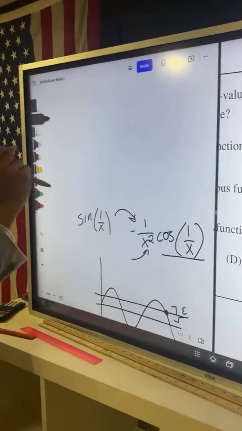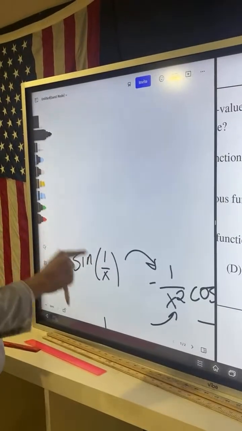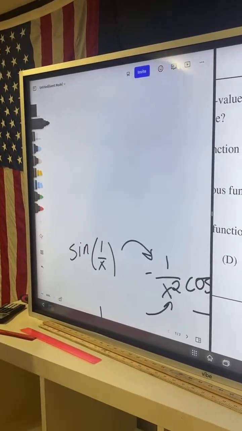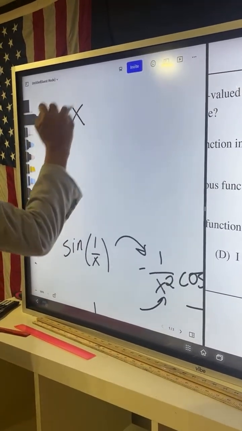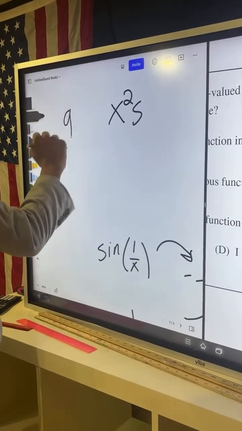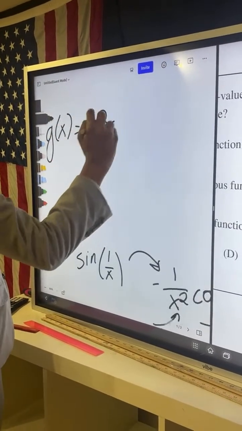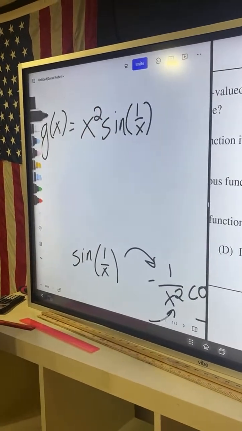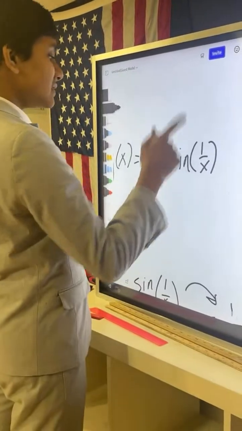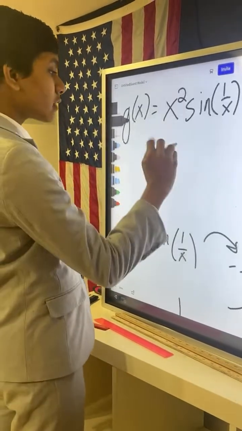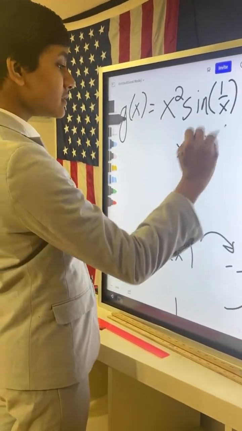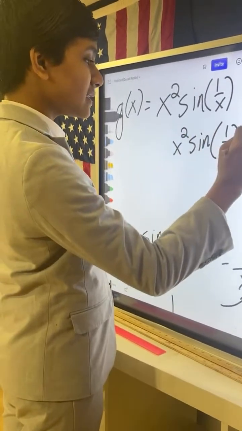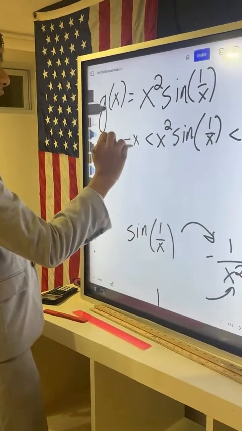And so, what we can do to actually restrict this to 0, because it has no known value at 0, is let g of x be x squared sine of 1 over x. What does that do for us, you might ask? Sine of 1 over x is still bounded between 1 and negative 1, which means that this is always less than x squared and greater than negative x squared.